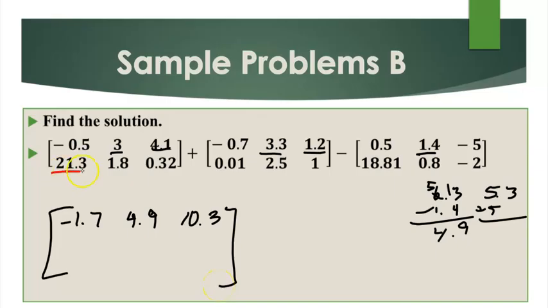And then the next one, we got 21.3 plus 0.01, so that's 21.31 minus 18.81. So that's 0.5, 20 minus 18 is 2. So we have 2.50.